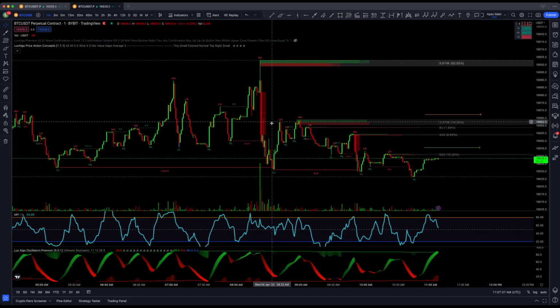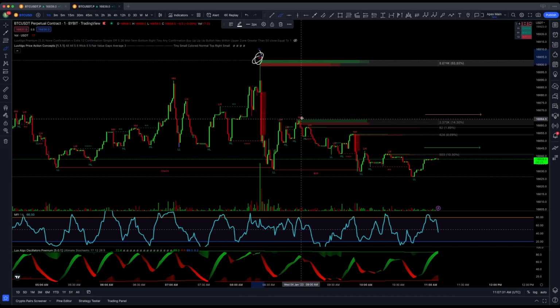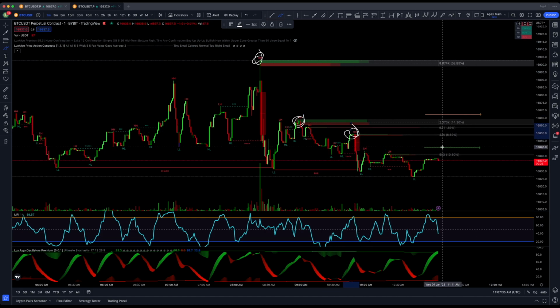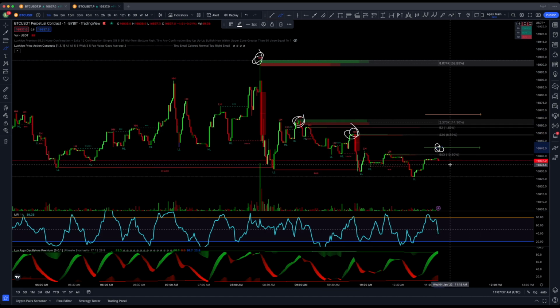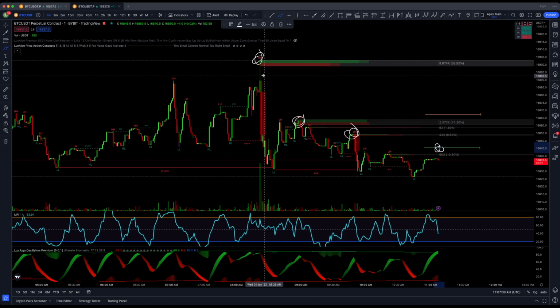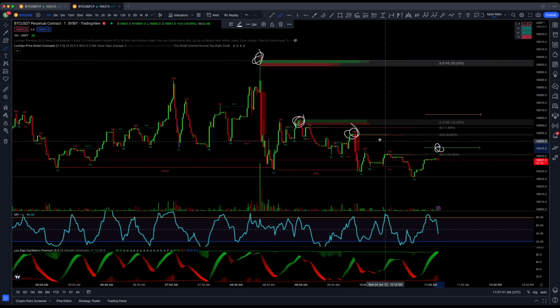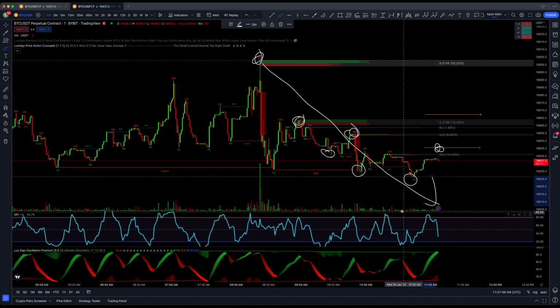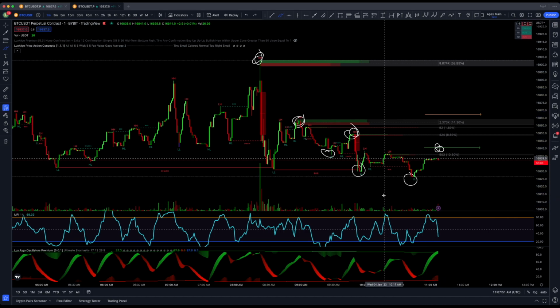Now, the way I see it, I think this is the first structure, this is the second structure, this is the third, this could be the fourth, and so on and so forth. Basically higher high, lower high, lower high, lower high, lower low, lower low, lower low. Generally a move down. That's how I see it, right?